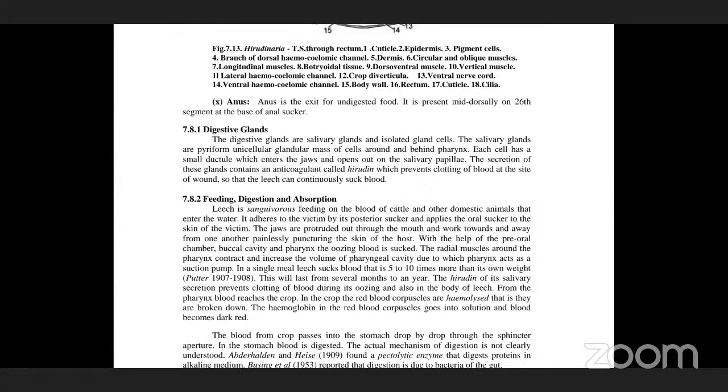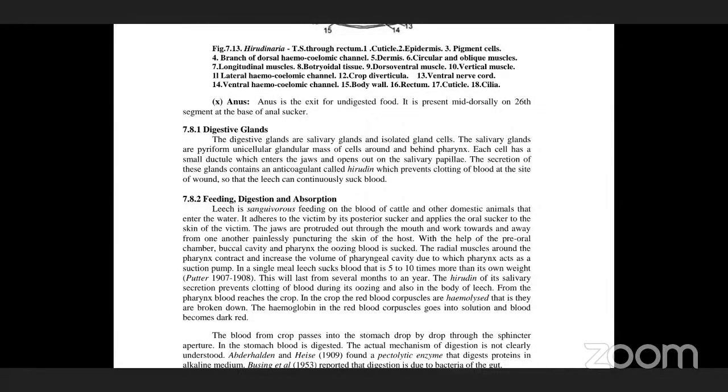Then digestive glands. So here the salivary glands are called as pyriform unicellular glandular mass of cells. Okay, so these digestive glands are salivary glands and isolated gland cells.